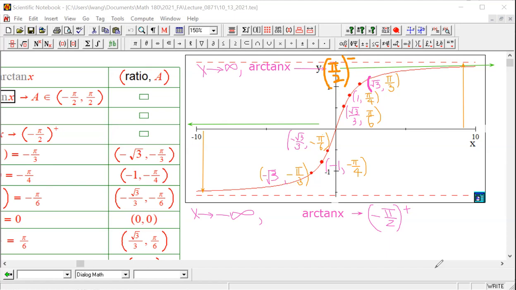So ArcTangent can take any ratio as input, right? When you see ArcTangent followed by a number, it doesn't matter. It can be any number. That's what domain means. ArcTangent can take any input. But the output is always between negative pi over 2 and pi over 2, exclusive.